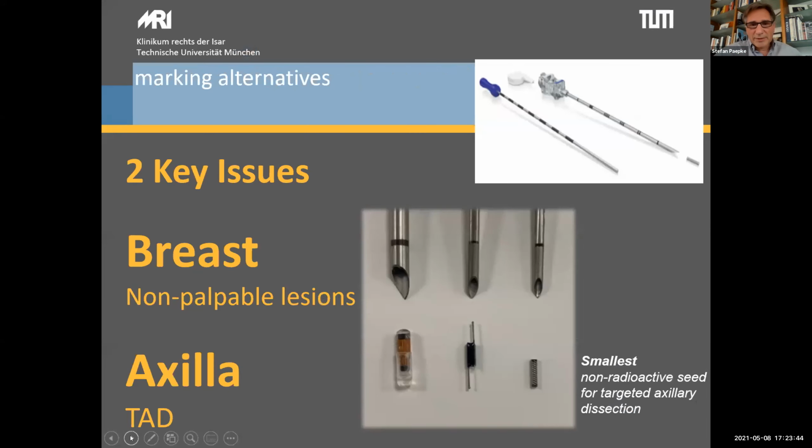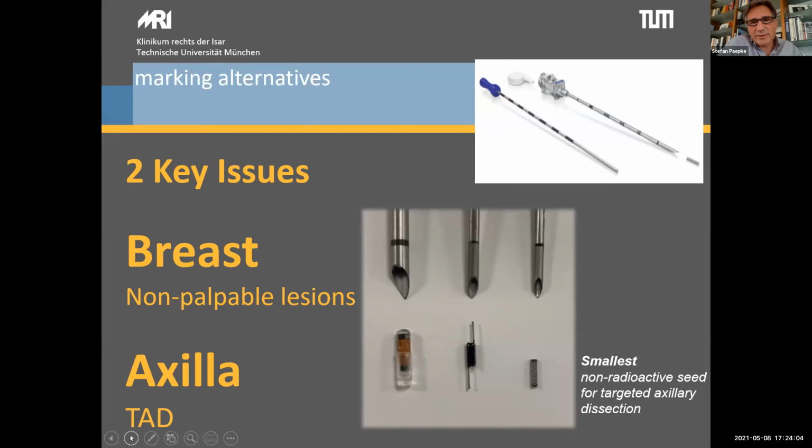So we have different opportunities, and in Germany, and I would say across Europe, it is more or less usual to place tumor clips, O-twist markers, and similar markers in the axillary lymph nodes and in the breast.